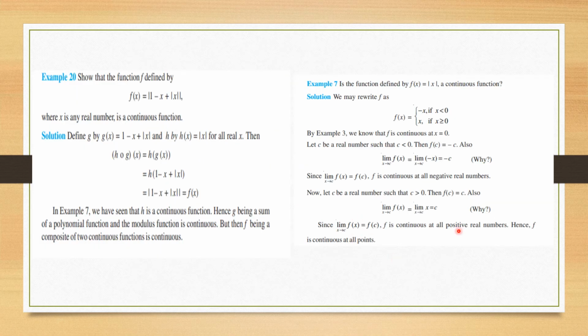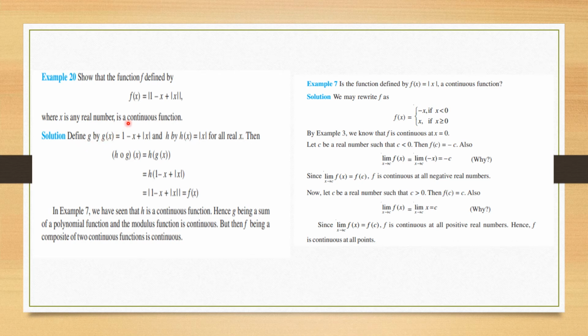Example 20 is again to show that the function defined by f of x equal to mod of 1 minus x plus mod x is continuous. There is one big mod, and inside it the last x also has a mod. Since it is to be shown continuous for every real number x, I will check whether it is a composition of two functions or not.